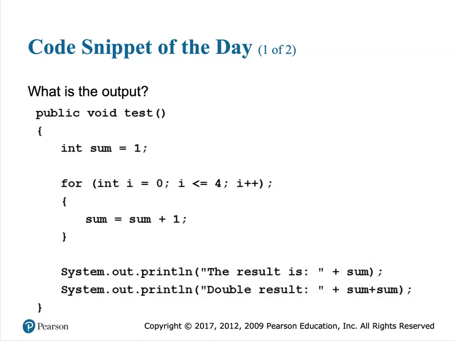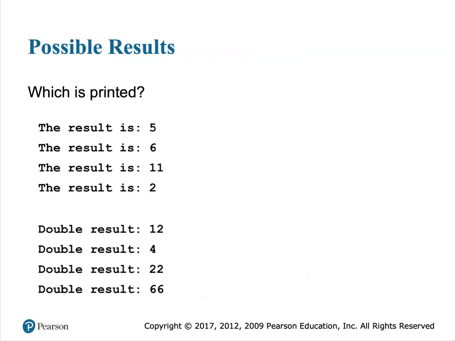If you're having trouble tracing through the code, here are some possible results. It might print out the result is 5, or the result is 6, or the result is 11, or the result is 2. The double result might come back as 12, or 4, or 22, or 66.